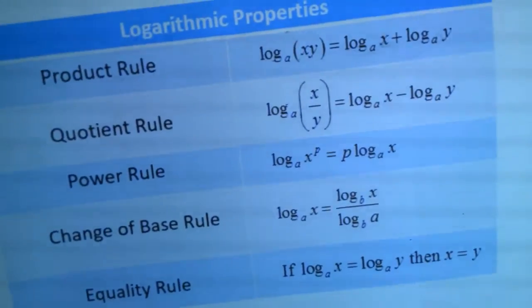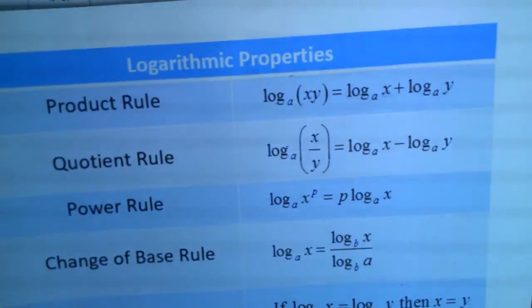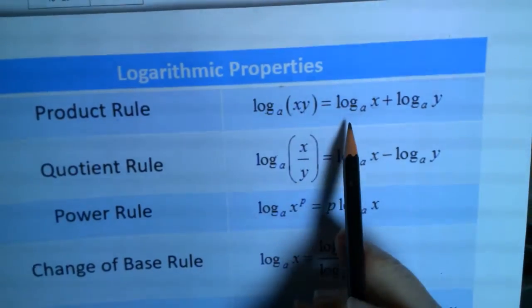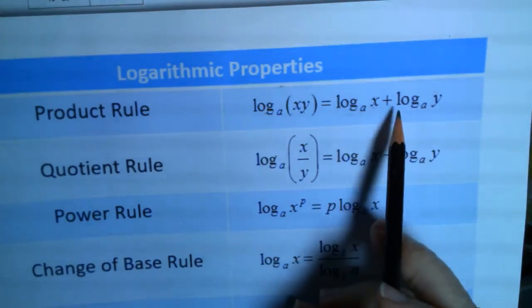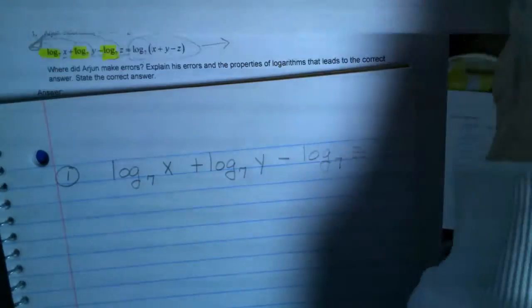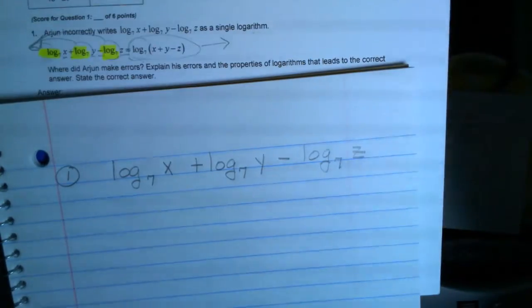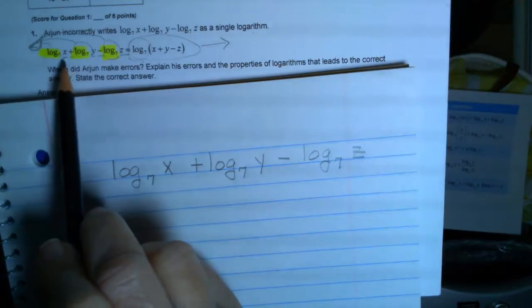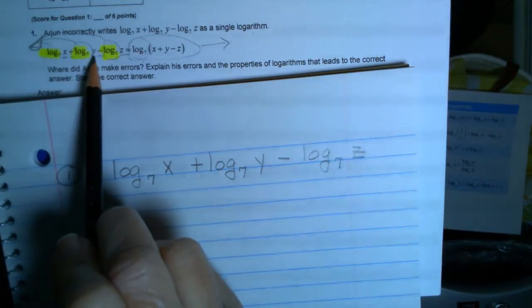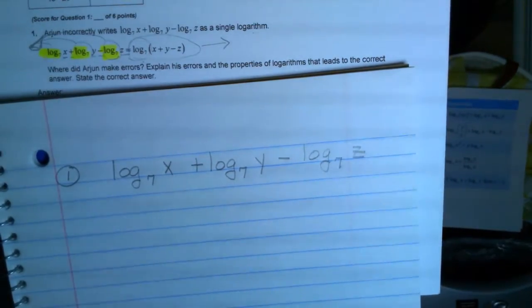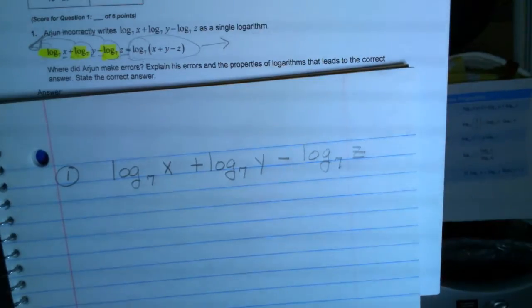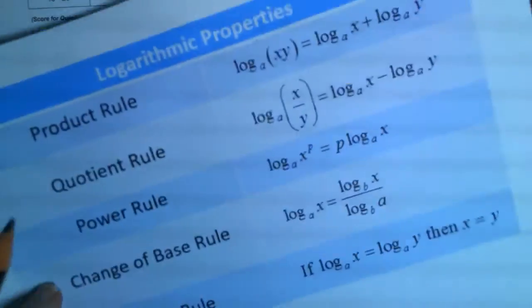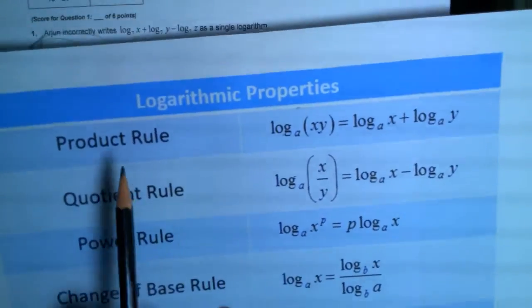Let me bring this back up here. And this looks familiar. We're going to start with the first 2 terms. So we have log base 7 of x, let me just look at these 2 terms here, plus log base 7 of y. So that property is called the product rule.